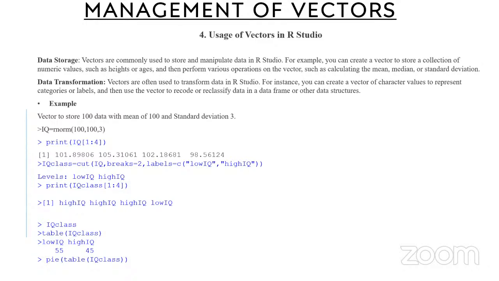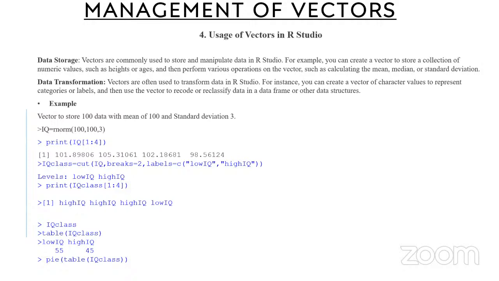Okay. This is the data storage and data transformation. Vectors are commonly used to store and manipulate data in RStudio. For example, you can create a vector to store a collection of numeric values, such as height or ages, and then perform various operations on the vector, such as calculating the mean, median, standard deviation, all those things. And you can transform also. So a vector to store 100 data with mean of 100 and standard deviation 3. So it is written IQ equal to rnorm. rnorm is basically the random number.